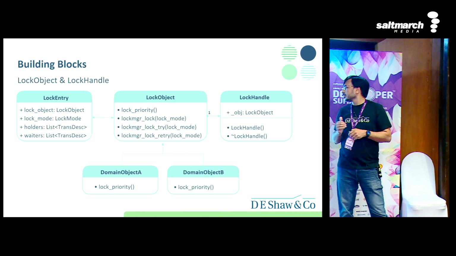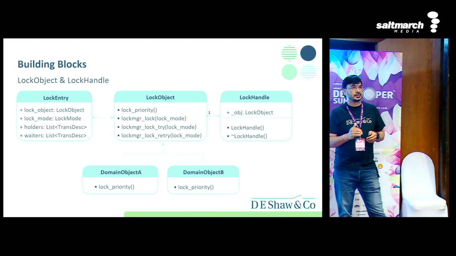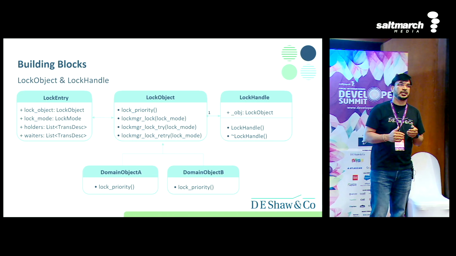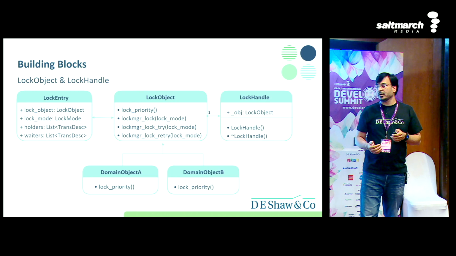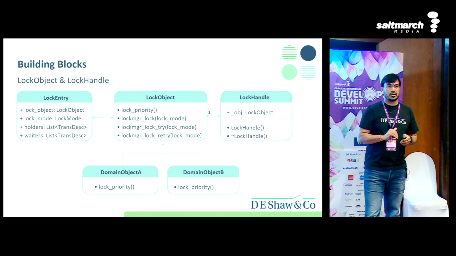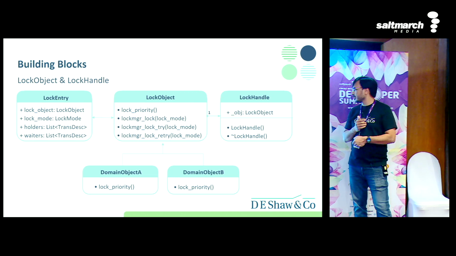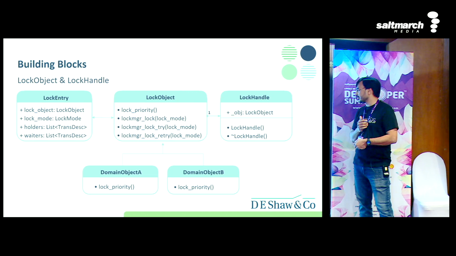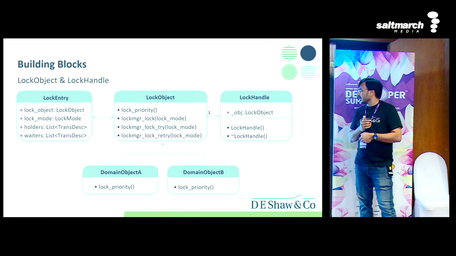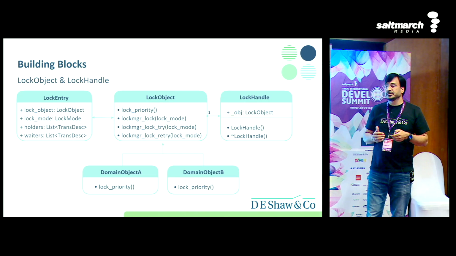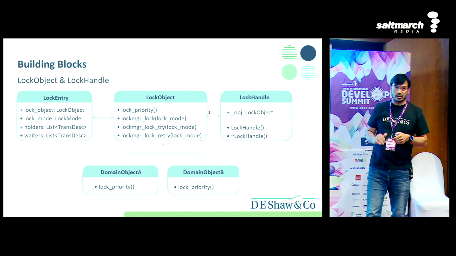The lock object defines lock priority, so any domain object can extend it and return the priority in which the object should be locked. Similarly, this base class also provides methods like lock manager lock, lock manager try, and retry, which take the lock mode. These methods provide the logic to lock the object.